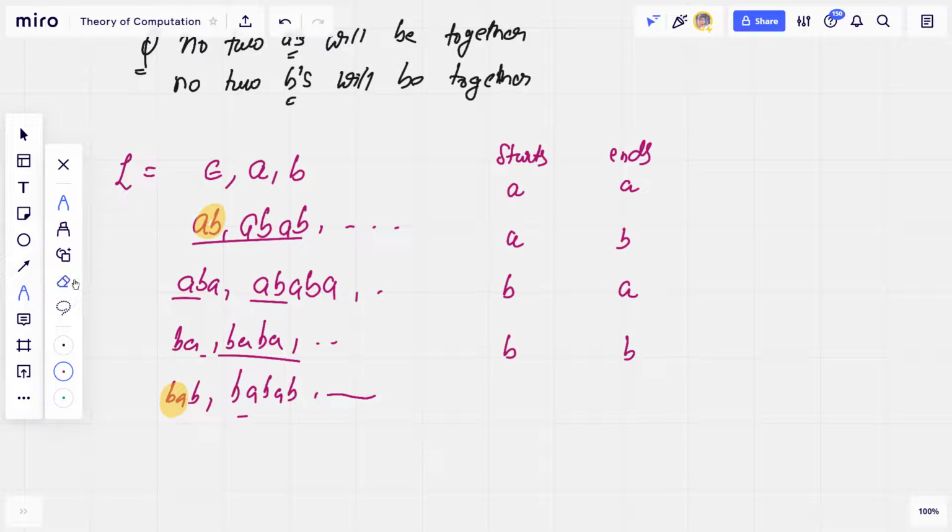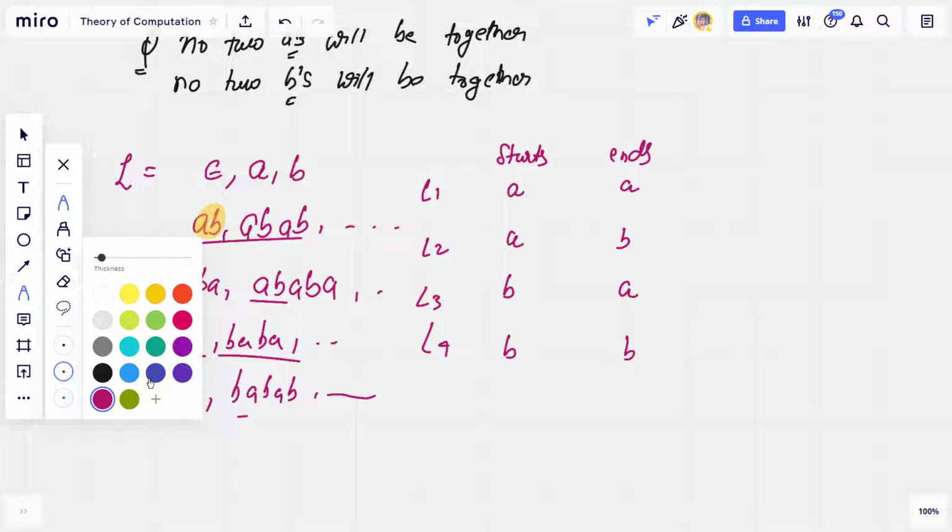Okay, fine. So let me call these languages L1, L2, L3 and L4, and I know the answer is the regular expression R1 plus R2 plus R3 plus R4. That's my answer. But let's write the respective regular expression for each of these.